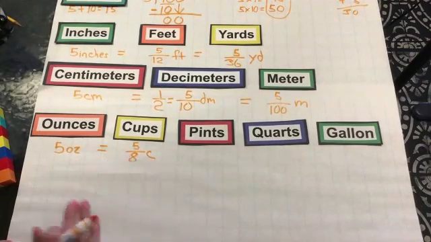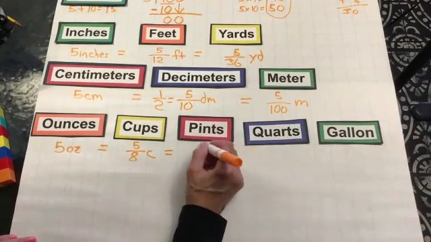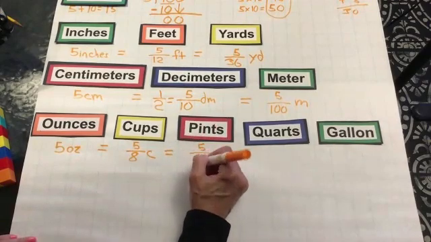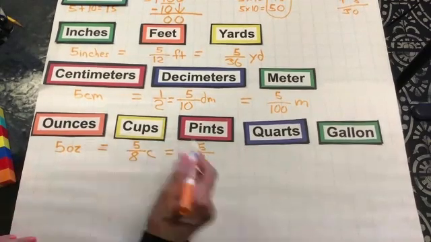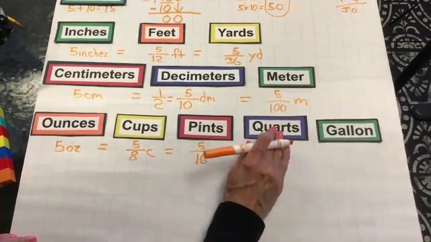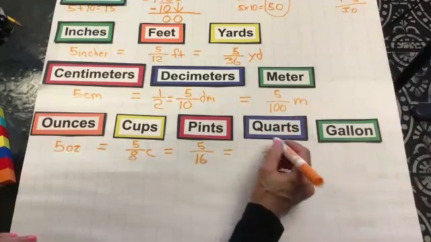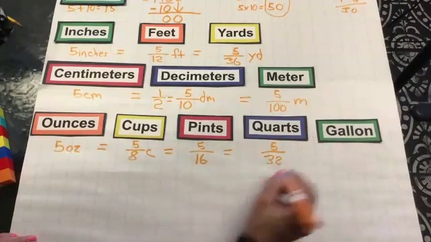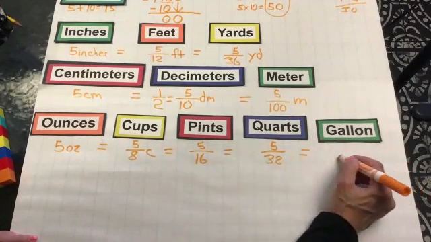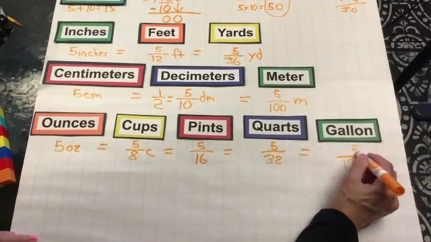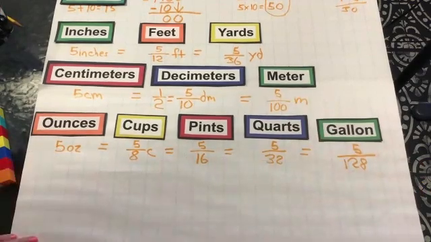So we have a part of a cup, 5/8, and that would be part of a pint as well. So that would be 5/16. It takes 16 ounces to make a pint. So we have 5 out of the 16. It takes 32 ounces to make a quart. So that's 5 out of the 32. And it takes 128 ounces to make a gallon. So we have 5 out of the 128. So definitely have a partial of everything. We have a whole 5 ounces.